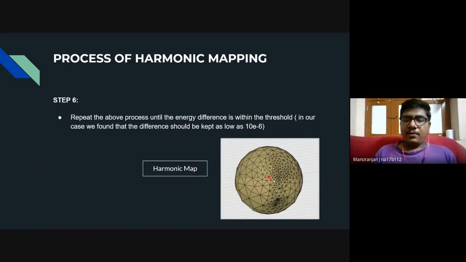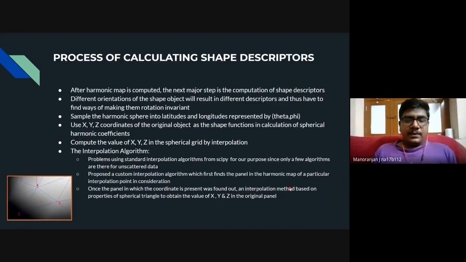The final harmonic map is given by this picture. Since the Tutte map is almost equal to what we wanted, the harmonic map will converge faster, and in this case there wasn't much difference when you are seeing it visually. So yeah.